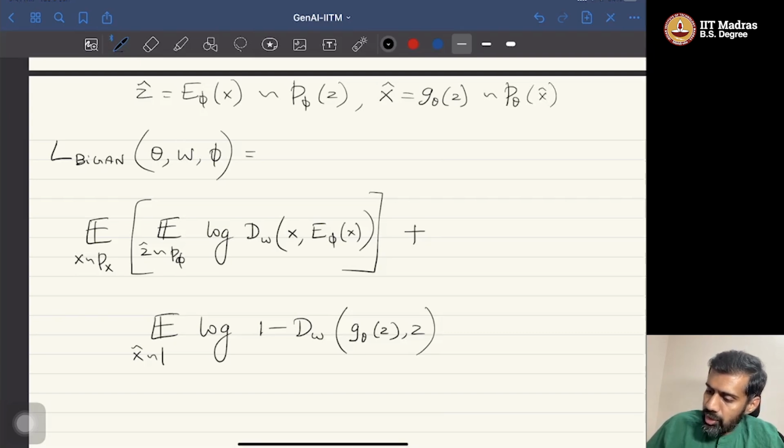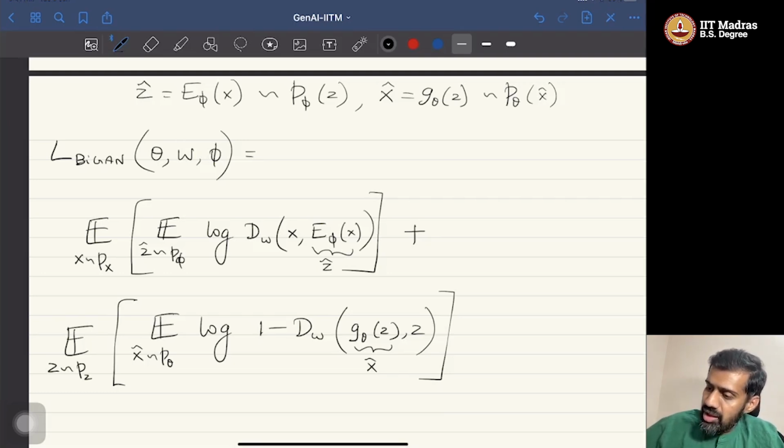So x cap comes from p_theta, and then there is an outer expectation with respect to z that is coming from p_z.